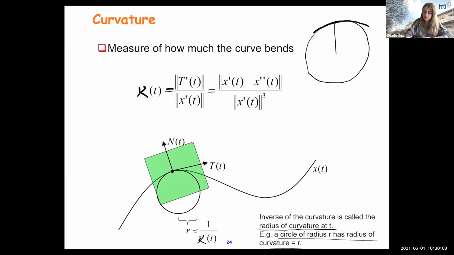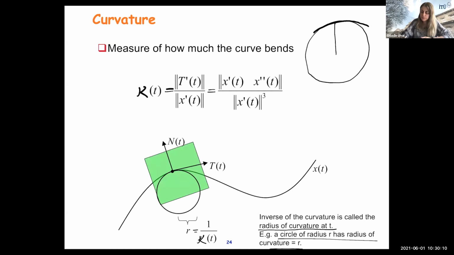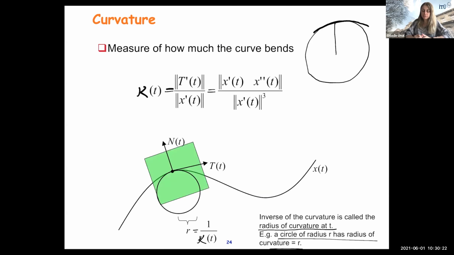Now look at a small circle here. Anyways, a small circle here. It would be a large curvature, right? R small, kappa large. Okay, I think I just jumped ahead, but anyways, that was the point here.